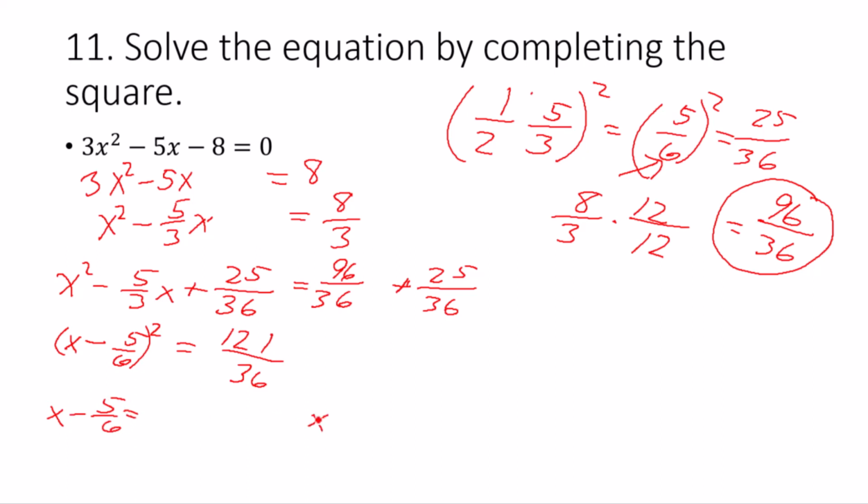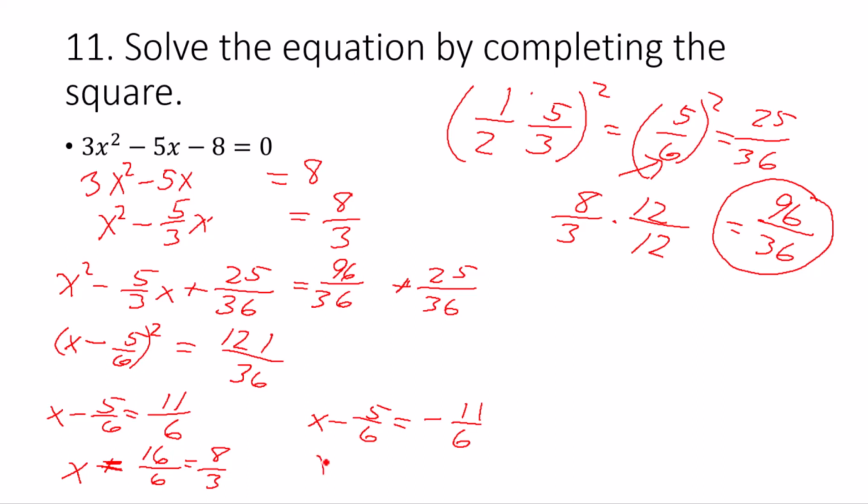So we're going to take the square root of the left side, x minus 5/6. And I'm going to write x minus 5/6 over here too, just as a reminder. Now I took the square root of the left side, square root of the right side. I gave you a hint. It's 11/6. And I'll write negative 11/6 here since it's so easy to do. On the left side, we'll add 5/6 to both sides, and we'll get 16/6, or 8/3.